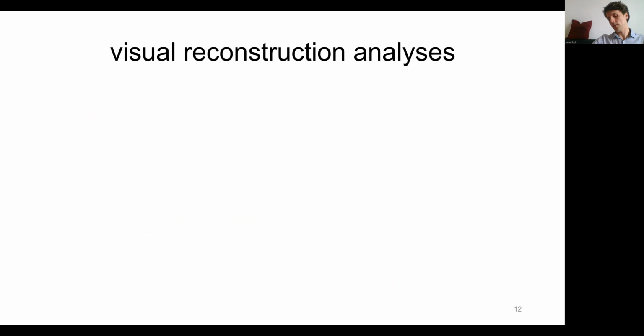In the second part of the talk, I now want to give you an impression of what kind of analyses can be done with this dataset, especially with respect to visual reconstruction, that is, recovering sensory input from measured fMRI signals.